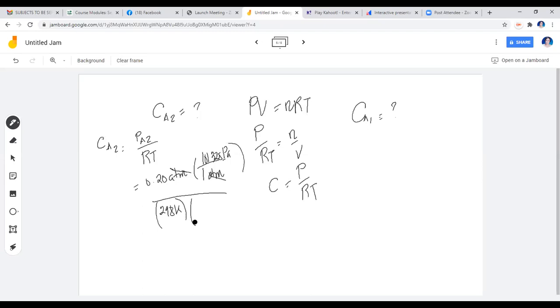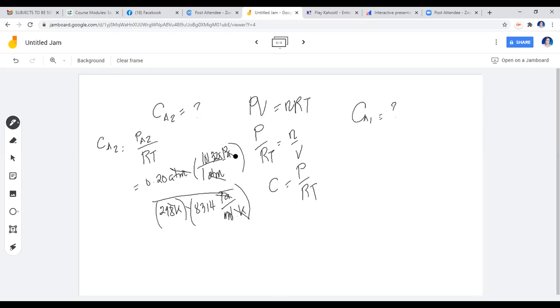What do you think is the appropriate R to use here? That would be 8314 Pascal cubic meter per mole Kelvin. So I get to cancel the Kelvin and the Pascal.